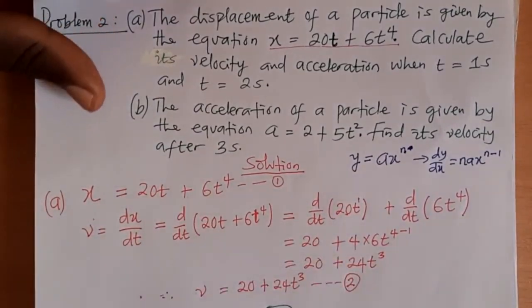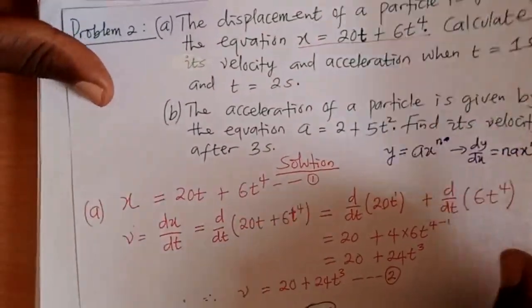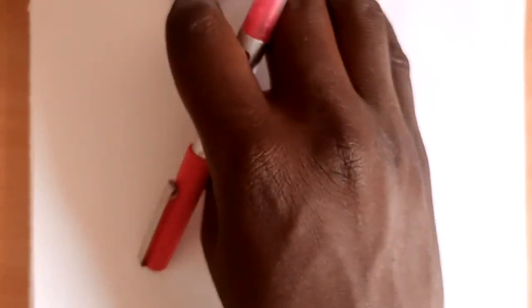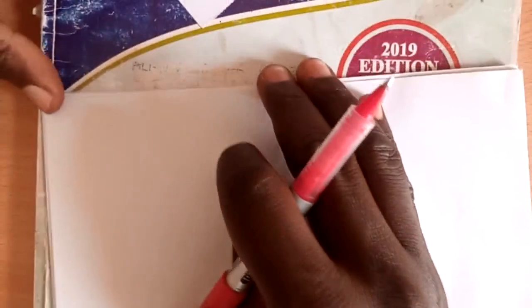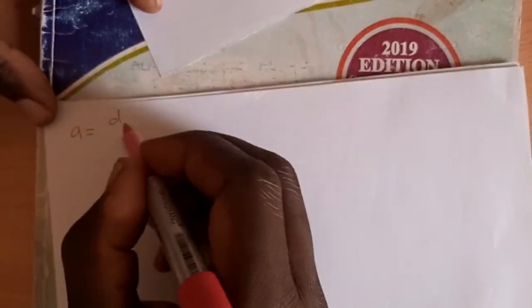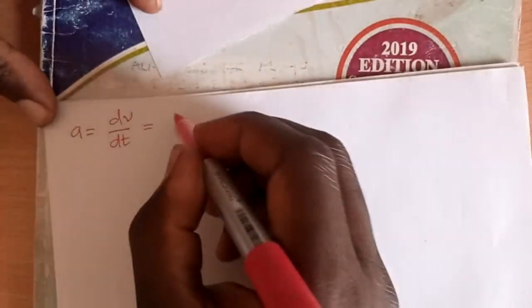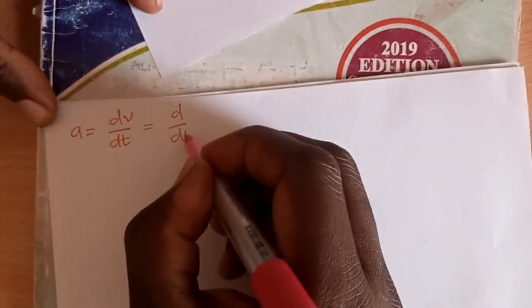Now I will do the same for the acceleration. How do I get the expression for the acceleration? For the acceleration, I will say a is equal to dv/dt.